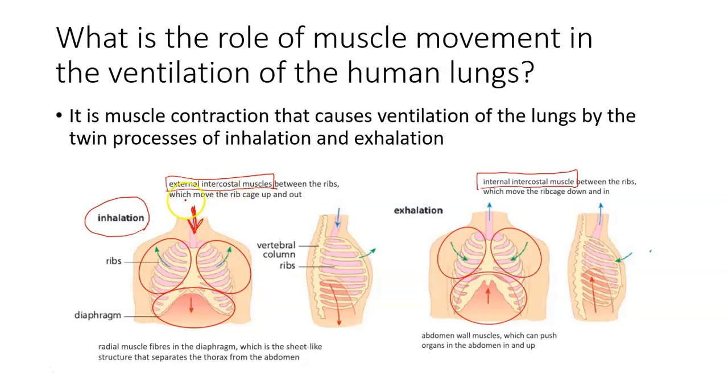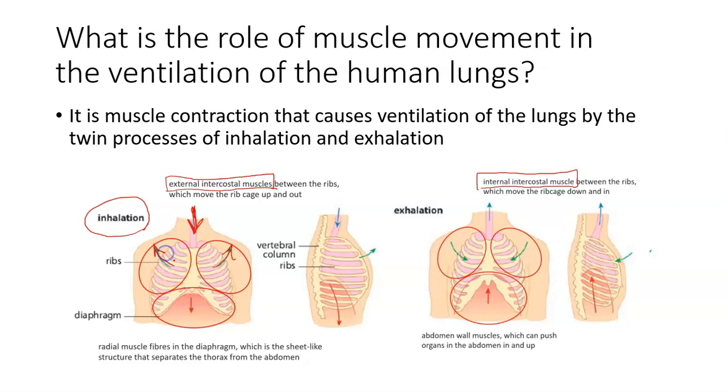So that's why they are called external intercostal muscles. All of them are intercostal, but there are two sets of intercostal, external and internal. Why do we say external intercostal muscles? Because they are doing their job externally, or by moving outward.